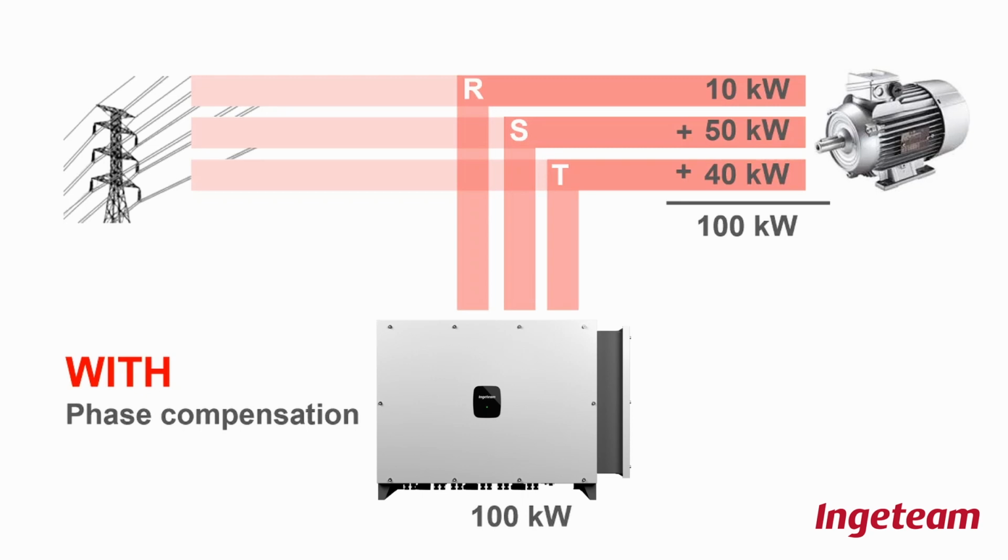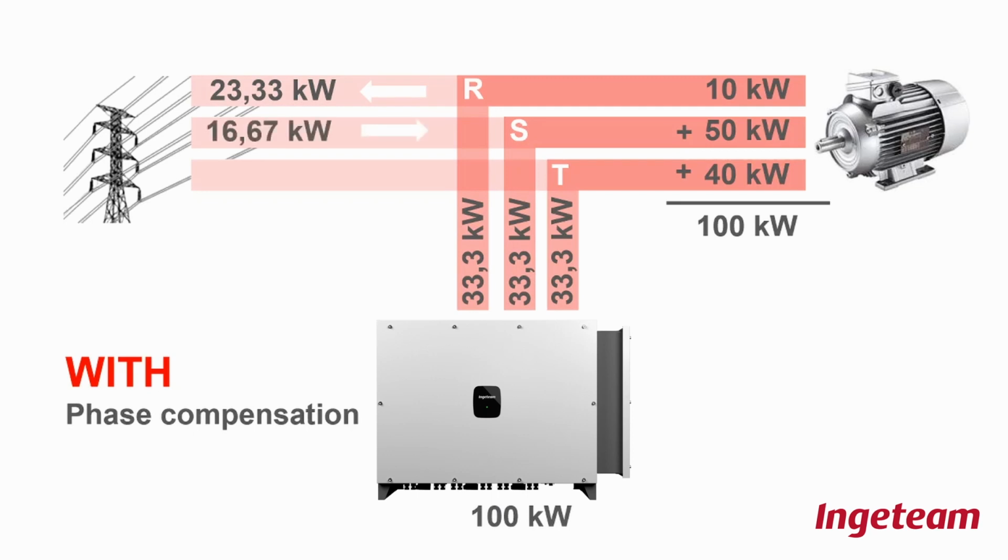In this way, a generation of 33.33 kilowatts would be obtained in each of the three phases. This results in an injection of 23.33 kilowatts in phase R, which corresponds to the sum of the power consumed by the other two phases, 16.67 and 6.67 kilowatts in phases S and T.